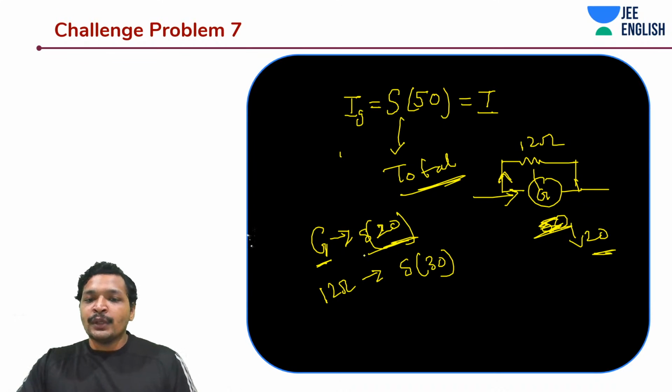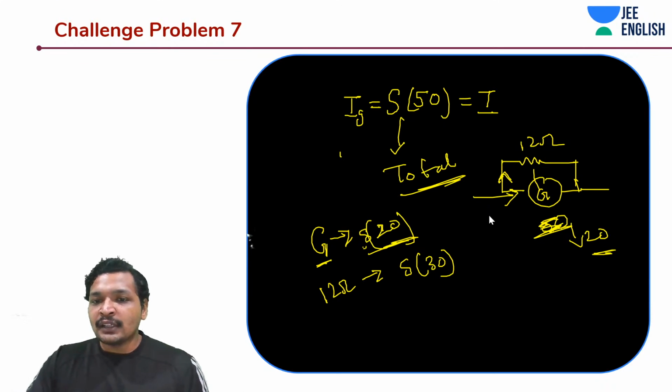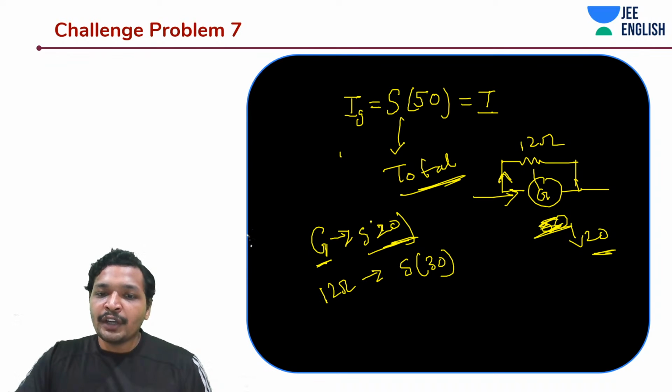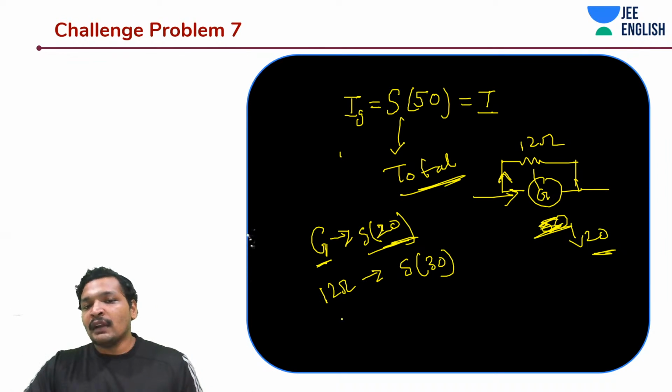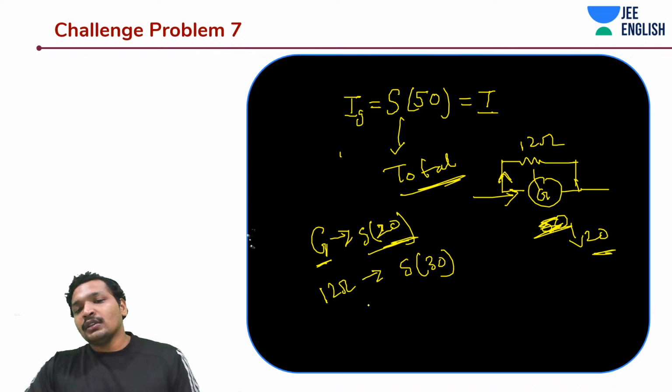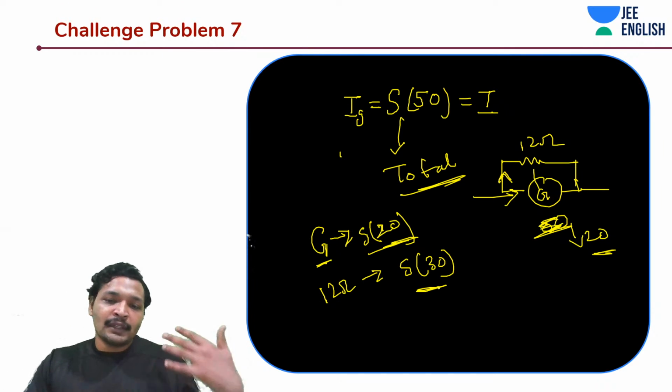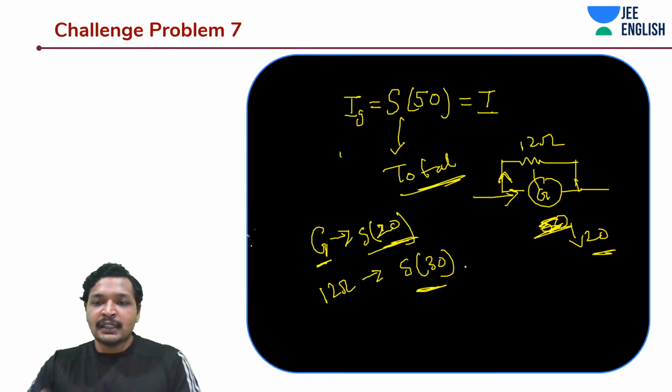Now 20 is passing through it. I'm just directly multiplying that S into 20. S into 20 is going to be your current through the galvanometer, and through the 12 ohms it is going to be S into 30. The remaining 30 has gone somewhere, right? 50 minus 20.